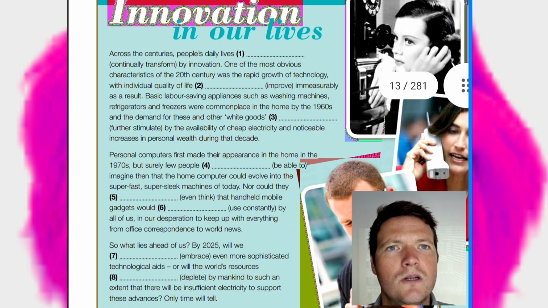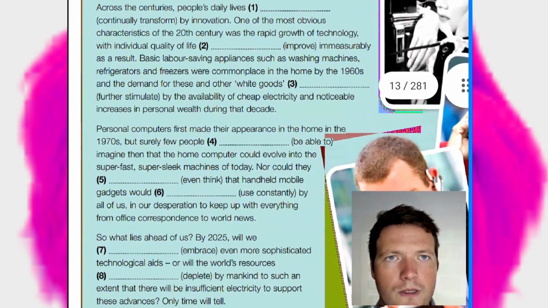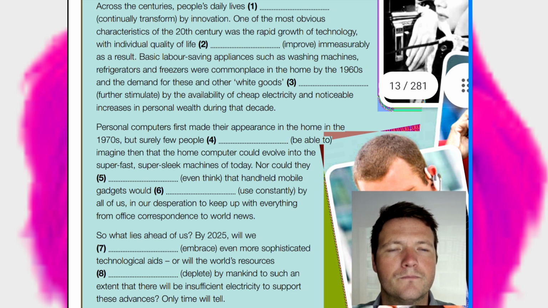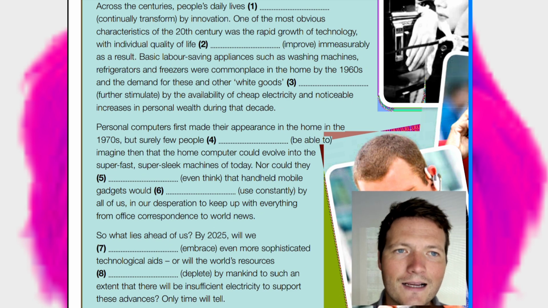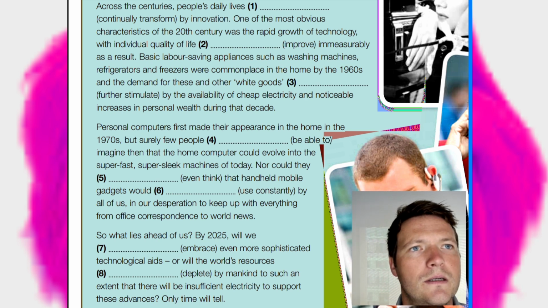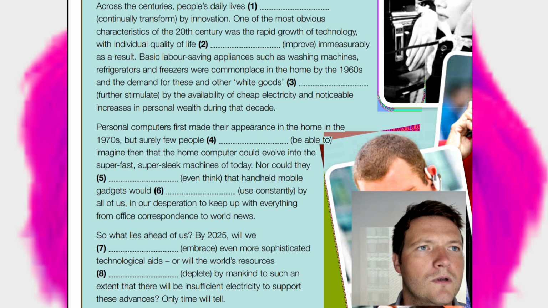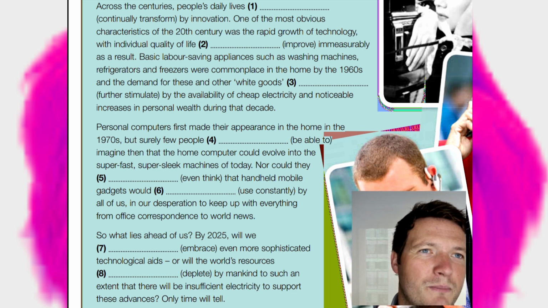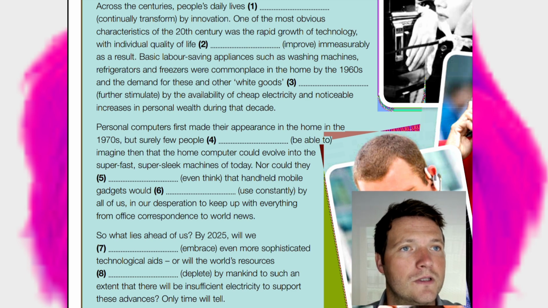It's called Innovation in Our Lives. Okay, right. So hopefully you can see that fairly well. And we have 8 gaps. This isn't exactly an exam task, but I think it's kind of similar to what you would see in part 2. I mean, obviously part 2 is just one word, but you have to get the structure right. You have to understand the structures.